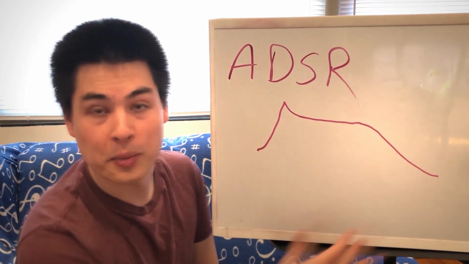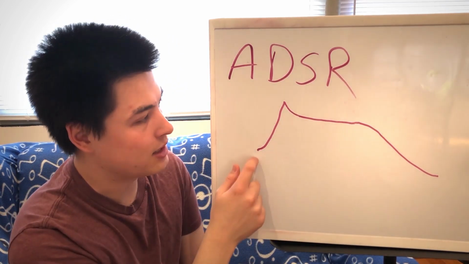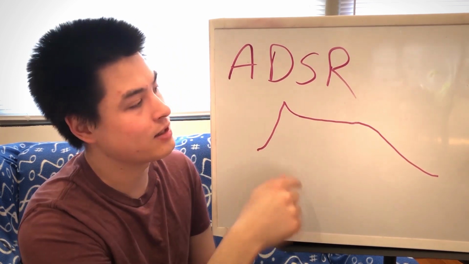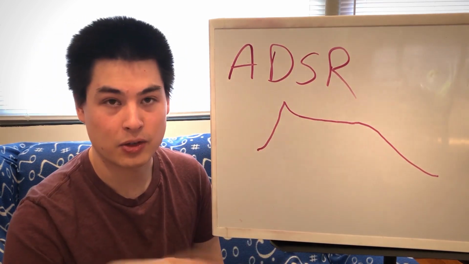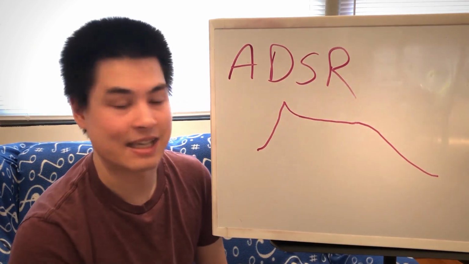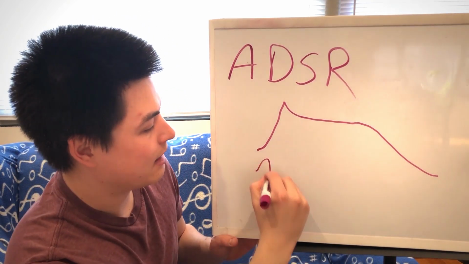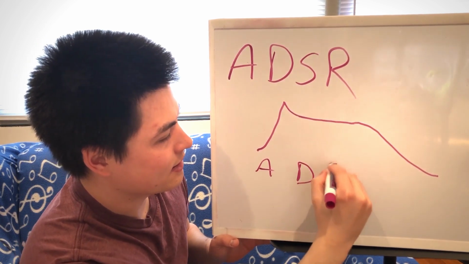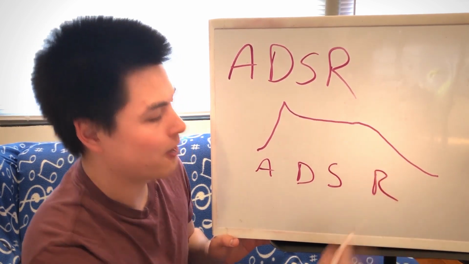This might be how a piano sounds when you hit the piano key. There's a very fast beginning to the note, and then it tails off a little bit, has some body to the note, some sustain, and then over time it decays. So this is the attack, decay, sustain, release part of it.